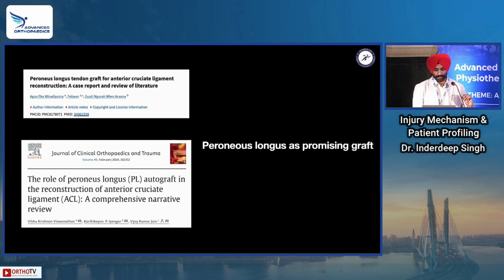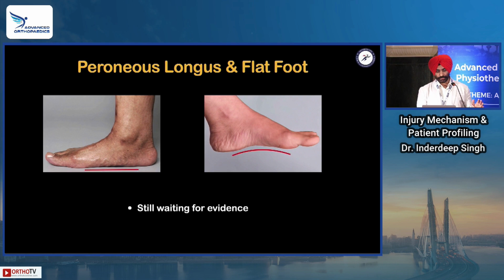So peroneus longus is a promising graft which has come up of late, but it has to be used with caution in patients who have a flat foot or a high arched foot, and we are still waiting for evidence whether this is a good graft or not a good graft.